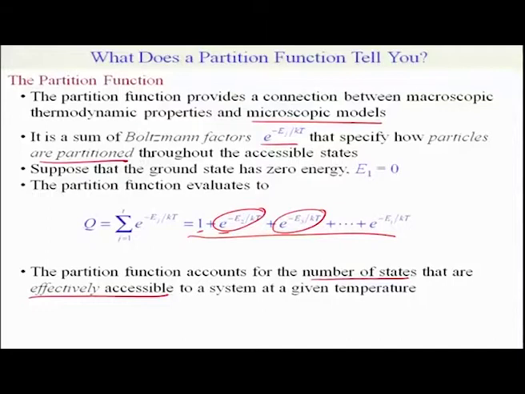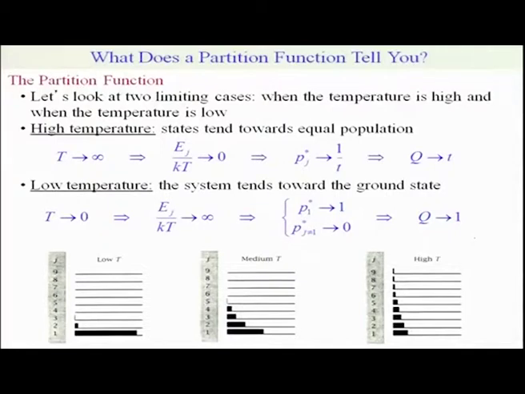And now, this is certainly dependent on the temperature. So, if you vary the temperature, T goes to 0 or T goes to infinity, you can clearly see what the partition function would be in such limiting cases, which we can now understand.